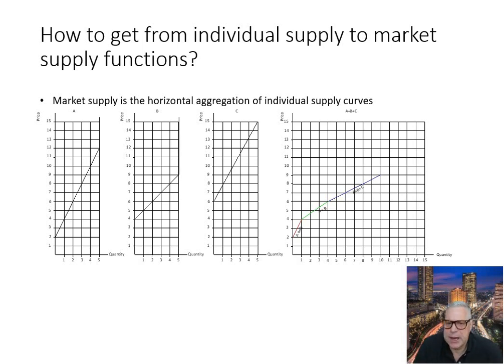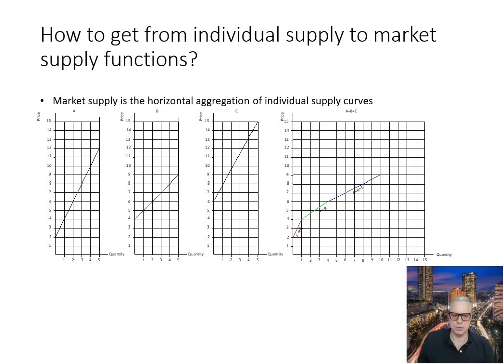Okay, so now we can move to the question of how do we aggregate various firms' individual supply functions into a market supply function. And again, this is very similar to what we did with the aggregation of individual demand functions.